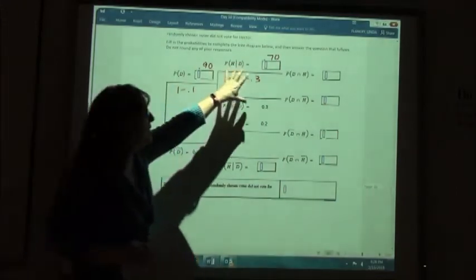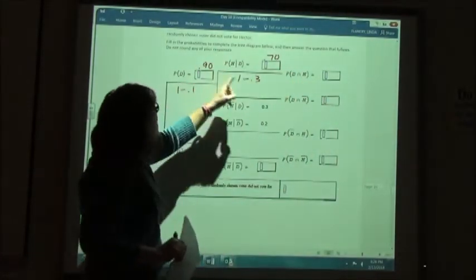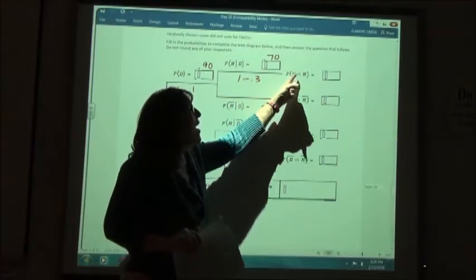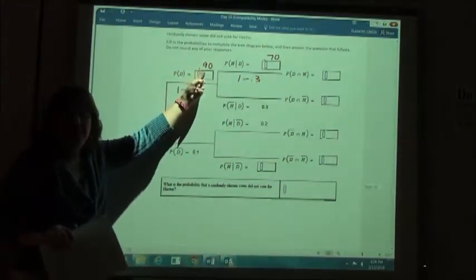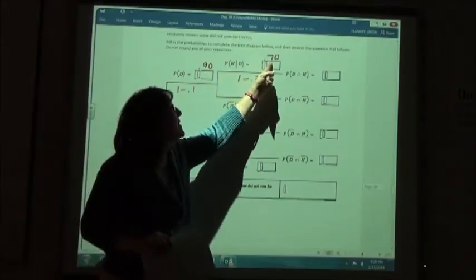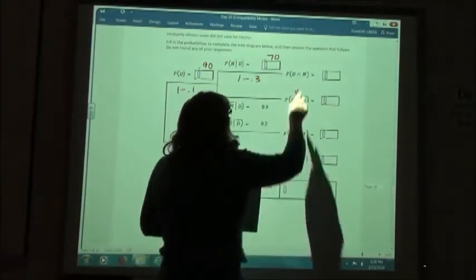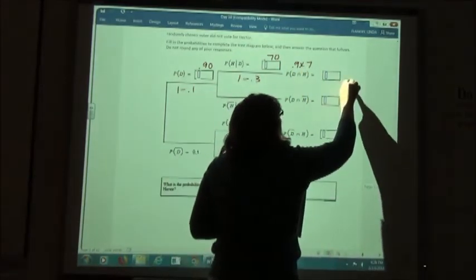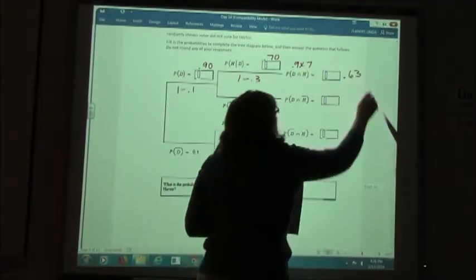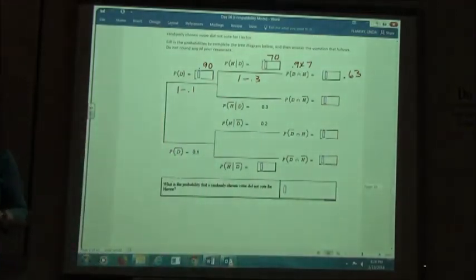So, filling out the rest of this top part of the chart, if I do have a diploma and voted for Hector, I'm going to take my 90% that had a diploma times my 70% that voted for Hector. So 0.9 times 0.7 gives me 0.63, right?